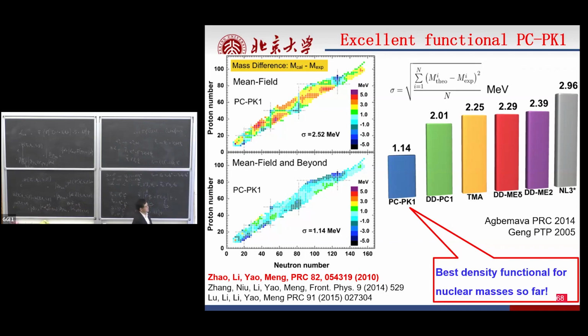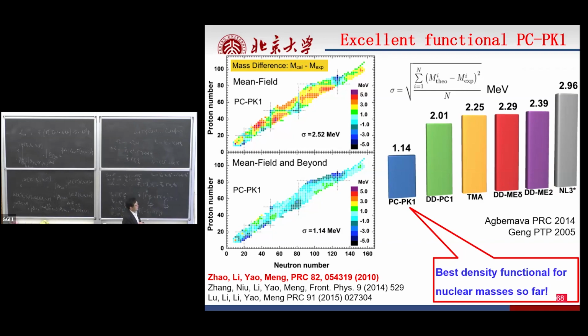For example, you see this DD-PC1, TM1, DD-ME delta, DD-ME2 and NL3*. All of these functionals. You could see that the PCPK1 works well to describe the so-called binding energy.